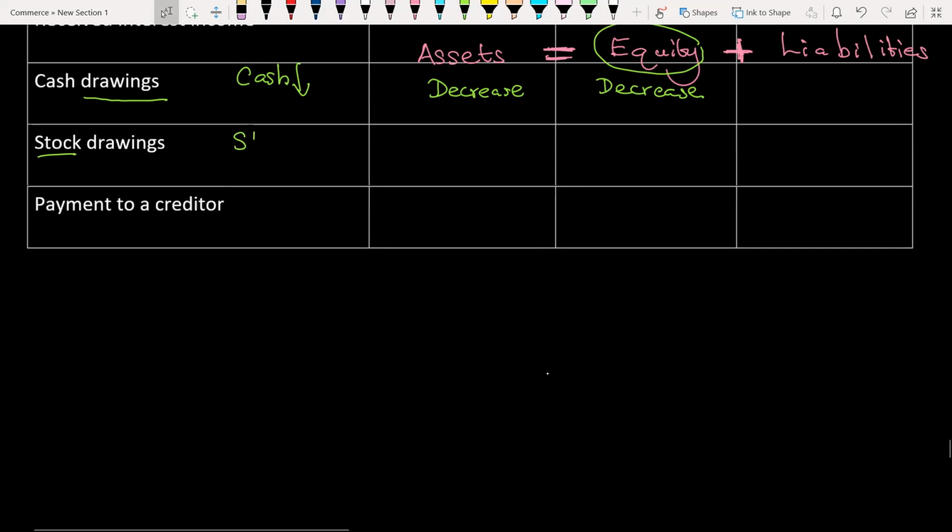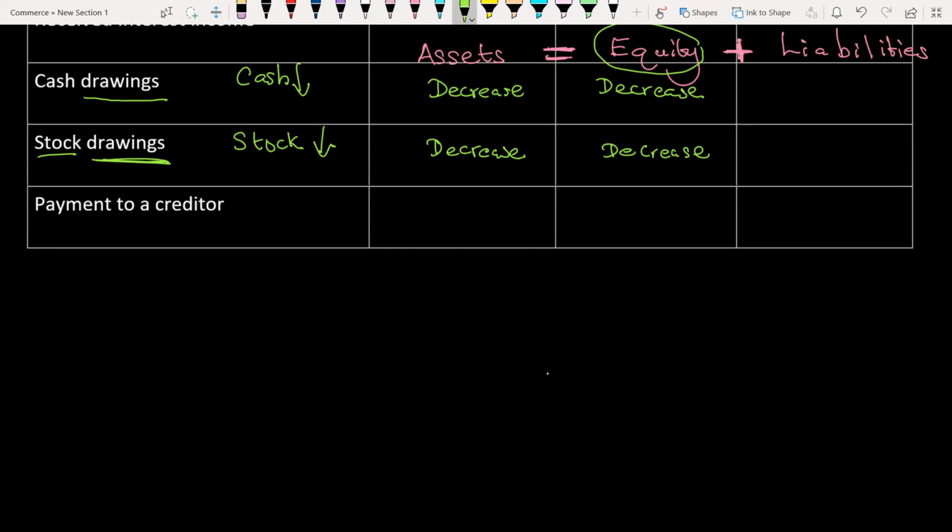So it's obvious that stock of the business reduces. So this means assets of the business decrease. And on the other hand, equity of the business decreases because of drawings.